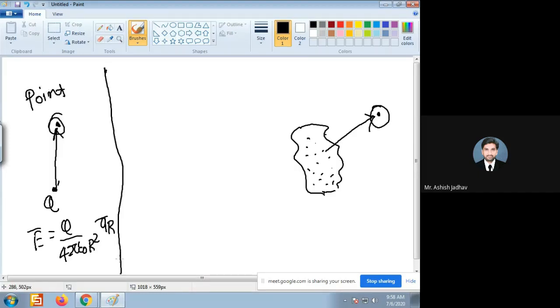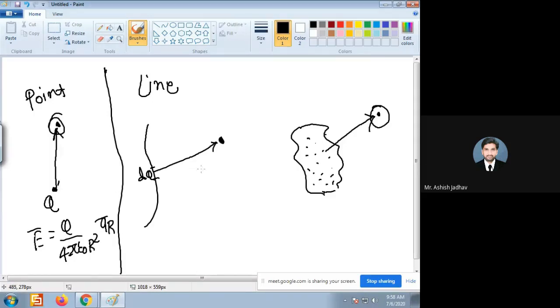Then second, day before yesterday, we calculated it if a line charge is given. If you want to find the electric field intensity at this point because of this line, you can select a small segment, treat it as dq, find the differential electric field intensity and then integrate it.